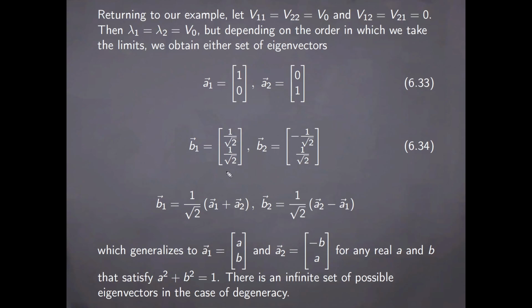So these two sets are linear combinations of each other, and we can generalize this result to any two eigenvectors of the forms given here, where their components are real and they satisfy this normalization condition. So the conclusion is that there is an infinite set of possible eigenvectors in the case of degeneracy, which is something that we have encountered as well when we looked at the eigenvalues of the inertia tensor.